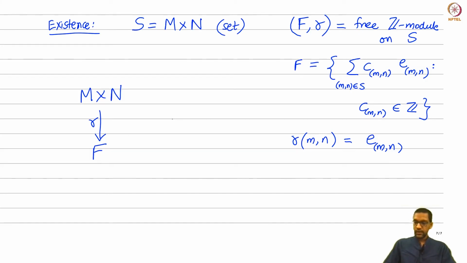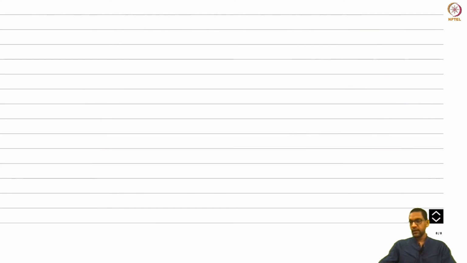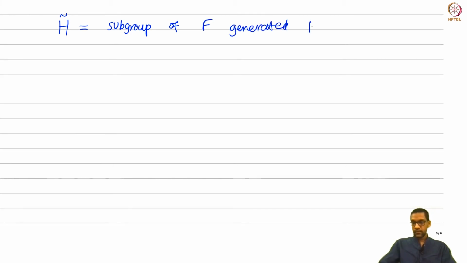Now the next step is to go modulo a certain subgroup. So F is an abelian group, and I have to go modulo a subgroup. If you recall how this subgroup was constructed in the case of the tensor product of Z modules, let's just do a similar thing. What is H tilde? H tilde is the subgroup of F generated by the following subset.